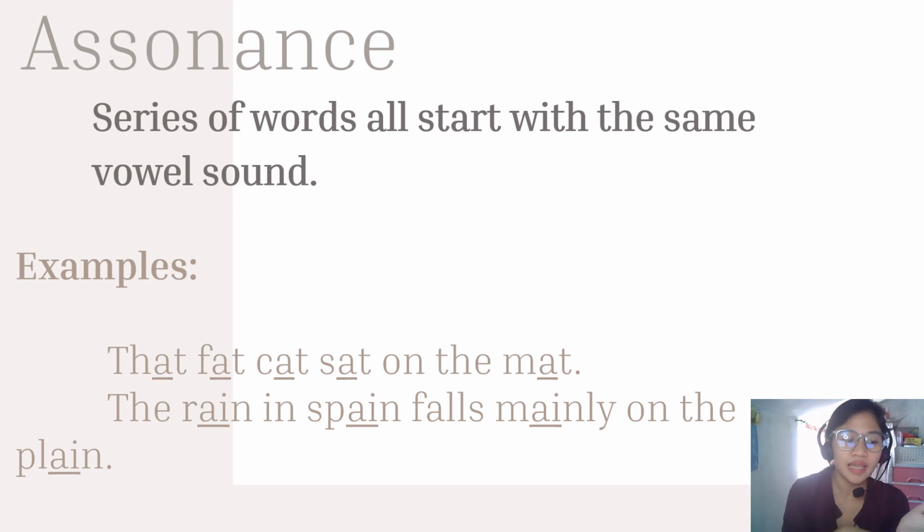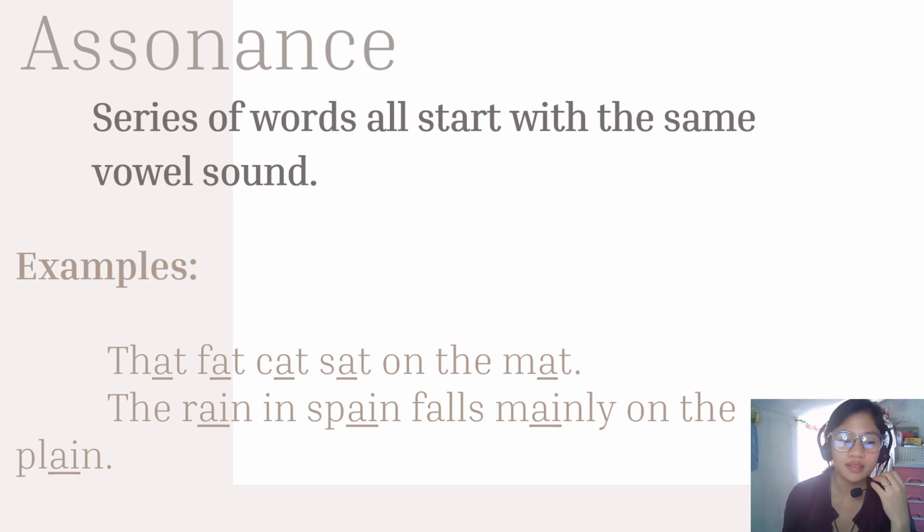Look at the example: "That fat cat sat on the mat." As you can see here, the sound that is being repeated is the sound of short a. Okay? That fat cat sat on the mat.